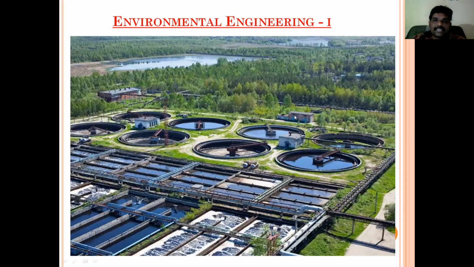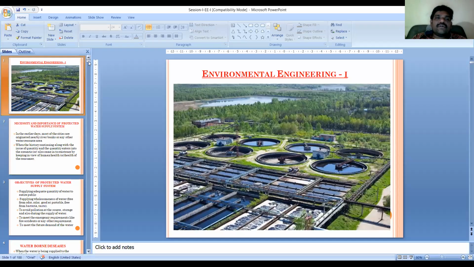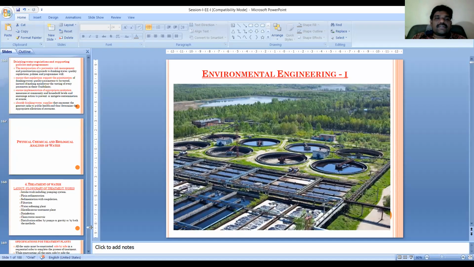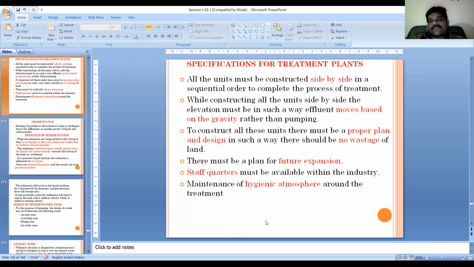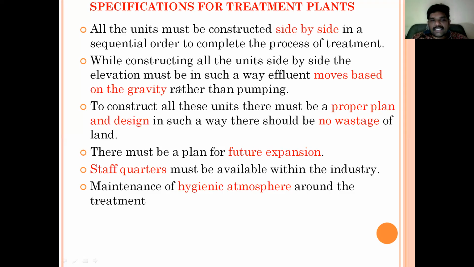There should be a place for staff quarters, and the atmosphere in and around the treatment plants must be clean. Those are the points we have discussed as specifications for treatment works: side by side, based on gravity, proper plan, future expansion, staff quarters, and a hygienic atmosphere.